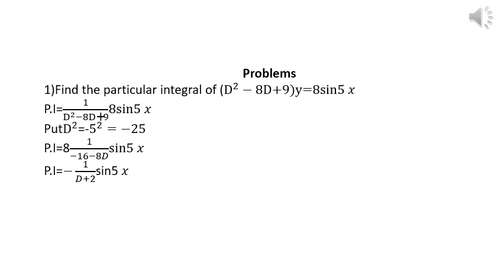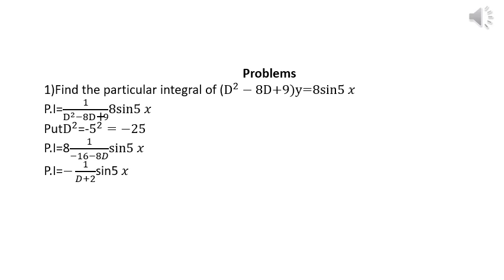So what happened? 1 by minus 25 minus 8d plus 9, and numerator sin 5x. Remember, you have to substitute only for d square. The d term must be as it is. Do not substitute anything. Is it clear?